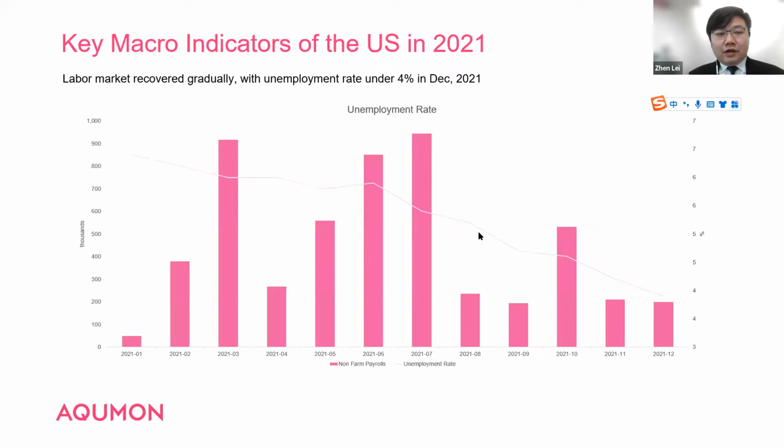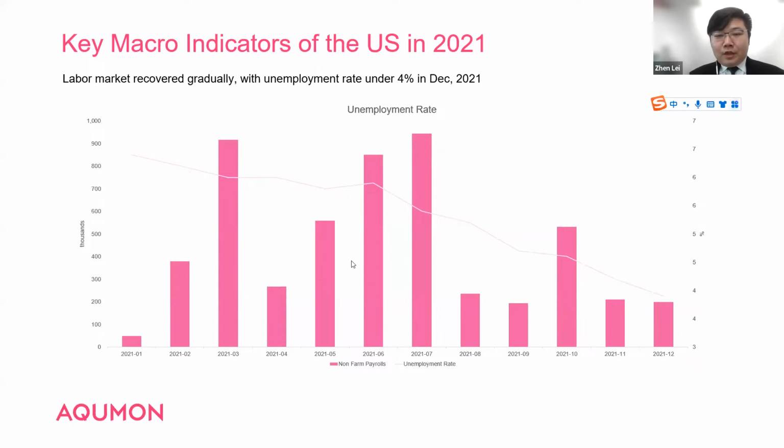And the second thing we can see that was quite good for the United States in 2021 was the labor market. We can see that the labor market recovered gradually. The unemployment rate line went down steadily, and eventually in December it went below 4%.